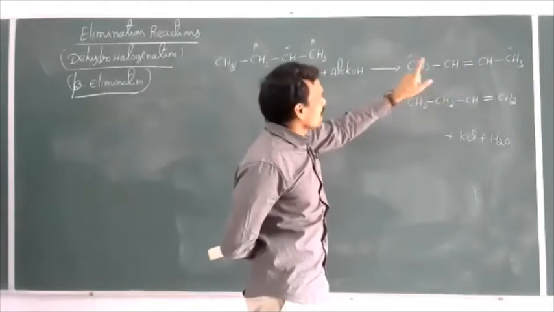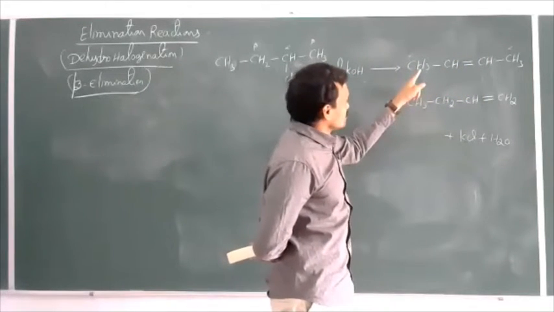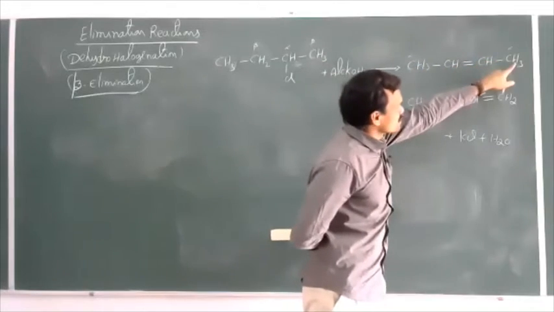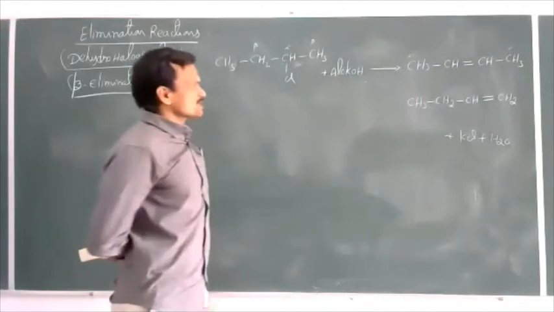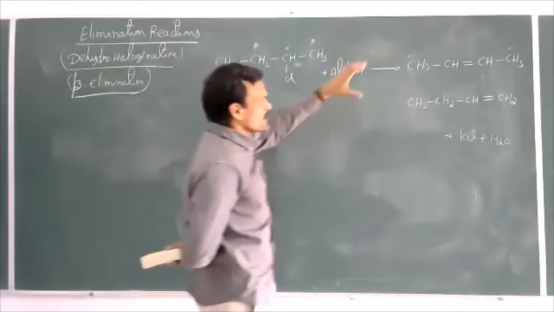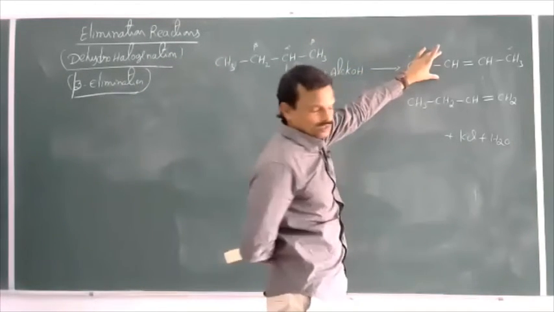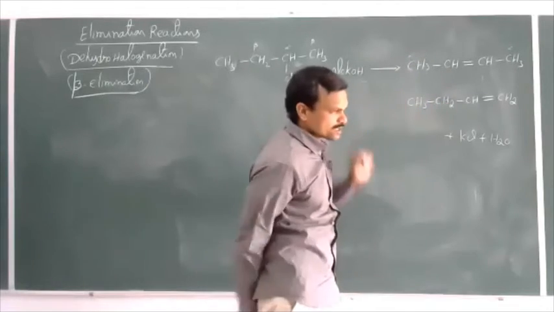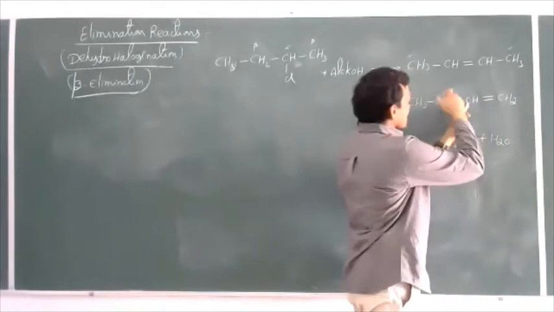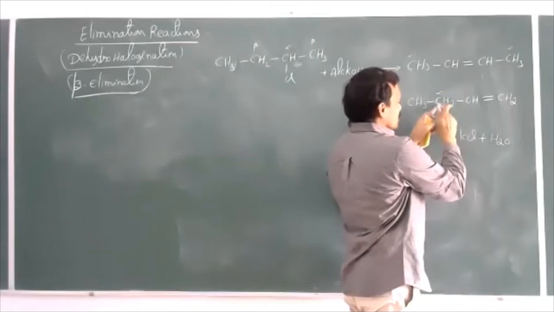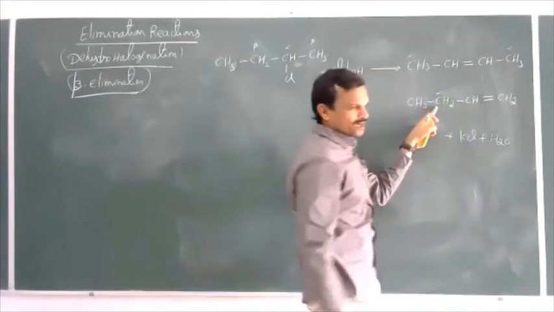So the number of hyperconjugated structures is equal to the number of alpha hydrogens in an alkene. How many alpha hydrogens are there here? Here 3 hydrogens are there, and here also 3 hydrogens. Total 6 alpha hydrogens. That means here you can get 6 hyperconjugated structures for this alkene molecule. Now come to this one. Here there is an alpha carbon, and how many alpha hydrogens are there? 2 alpha hydrogens.